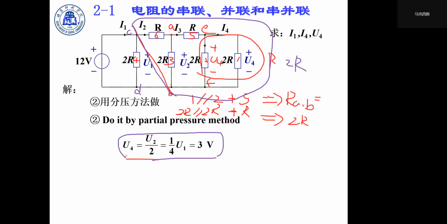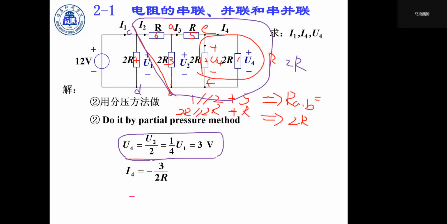So we can reach this conclusion that U4 equals a quarter of U1. And since U1 is in parallel form with the ideal voltage source of 12 volts, U1 is 12, and therefore U4 is 3.